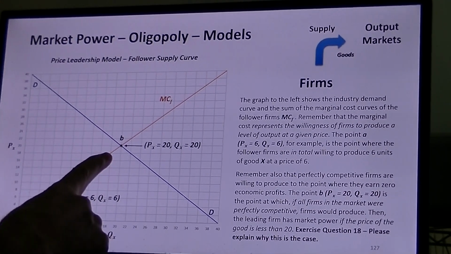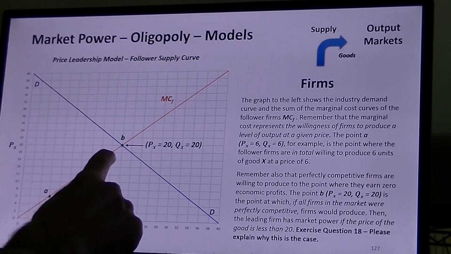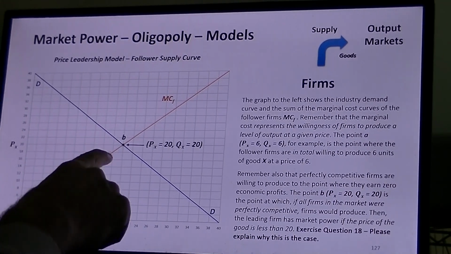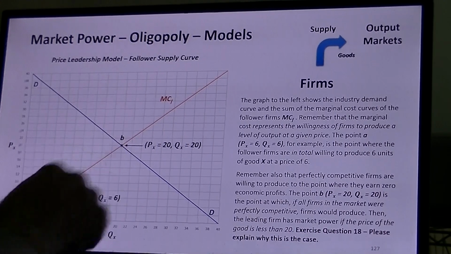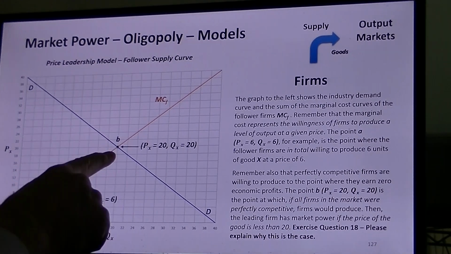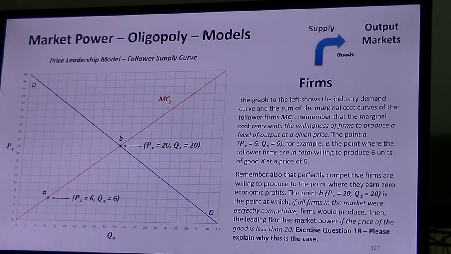Let's say, for example, that firm 1 sets a price of 18. The follower firms are willing to produce 18 units at a price of 18. So that means the leader firm can produce up to 2 units at a monopolistic price.